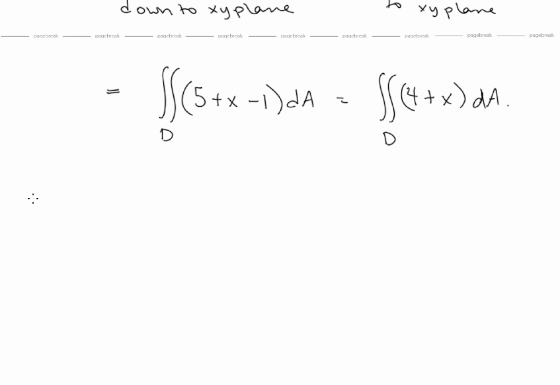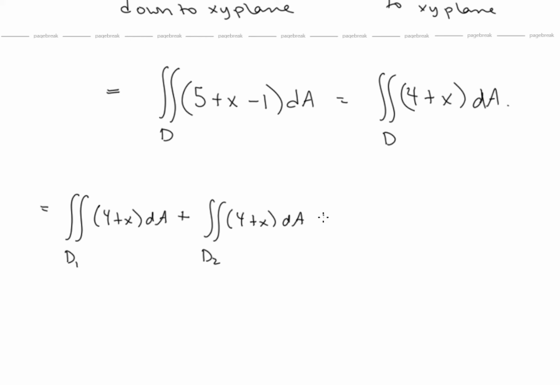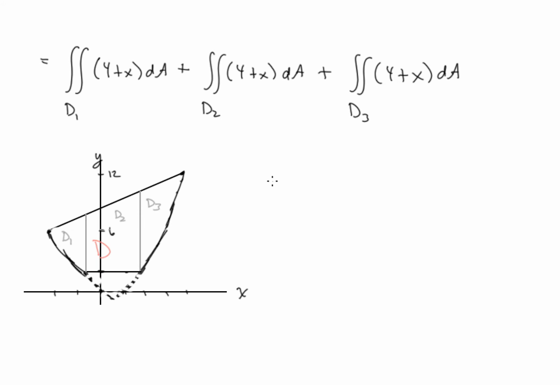And so our integral here is going to be equal to the double integral over D1 of 4 plus x plus the double integral over D2 of 4 plus x plus the double integral over D3 of 4 plus x. Now let's take a look at how to describe each of these regions.